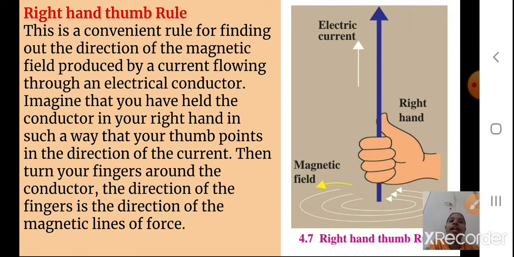Imagine that you have held the conductor in your right hand. Can you see that picture? Yes, that is my right hand, and the blue color is my conductor. Imagine that you have held the conductor in your right hand in such a way that your thumb points in the direction of the current.